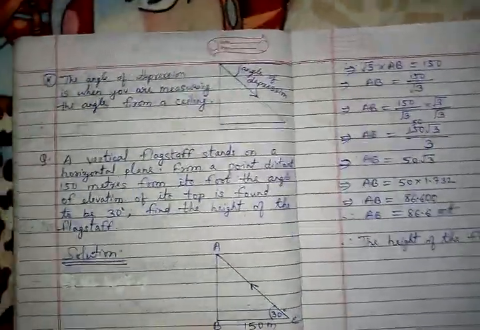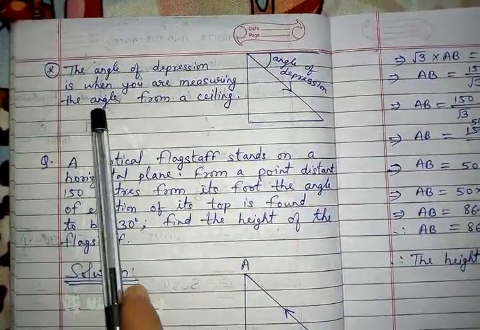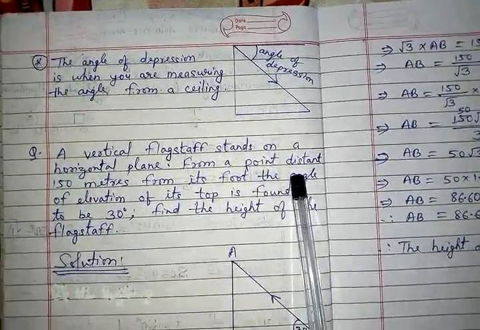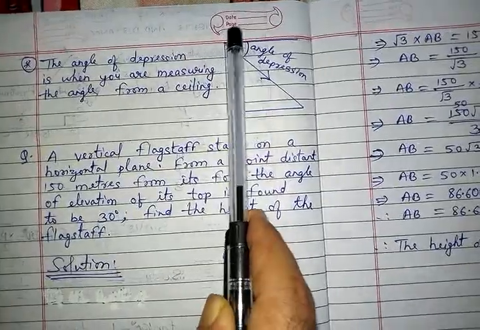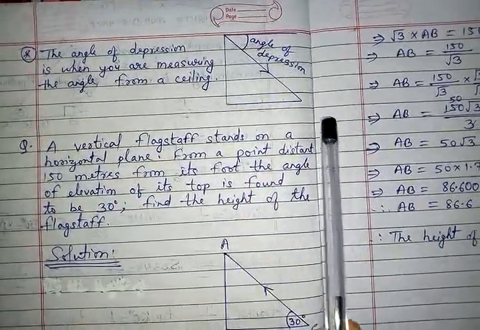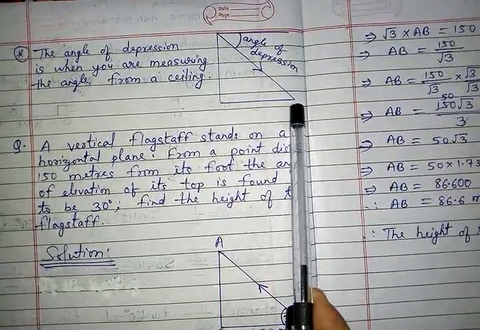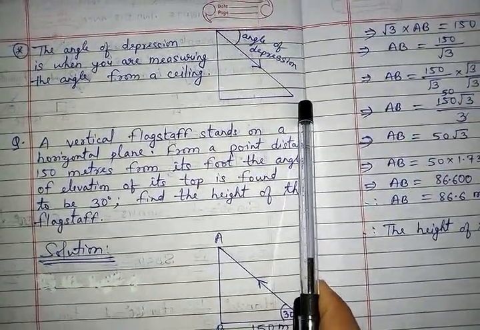And we have the angle of depression. The angle of depression is when you are measuring the angle from the ceiling. Suppose you are on the top of something and you are observing an object on the ground. So you are seeing something from top to bottom level, at the ground level.